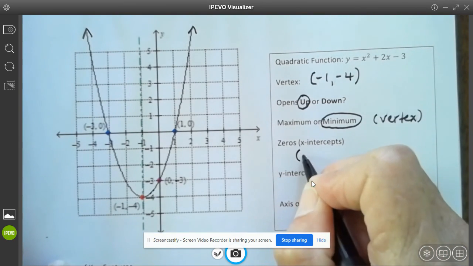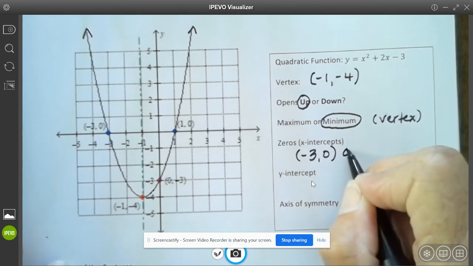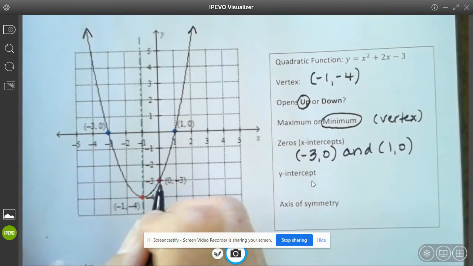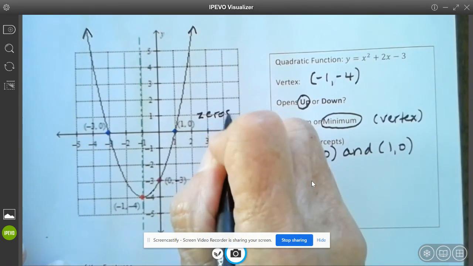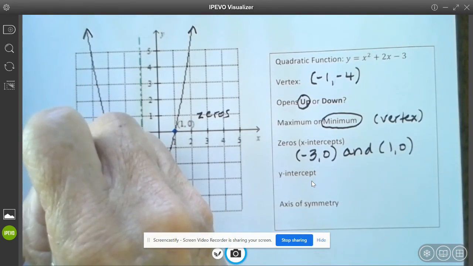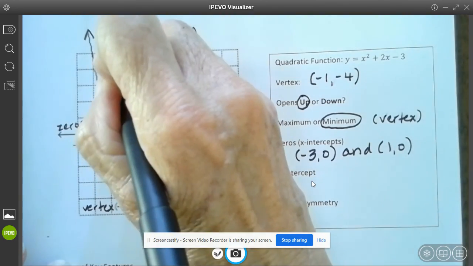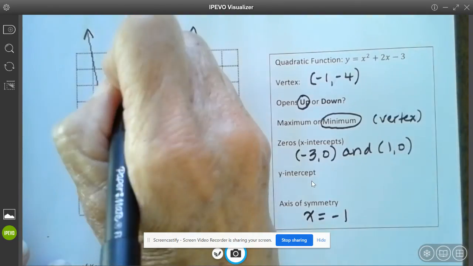The zeros are the x-intercepts, -3, 0, and 1, 0. Here we actually see the y-intercept. So these are the zeros, vertex, axis of symmetry, which is x equals -1.